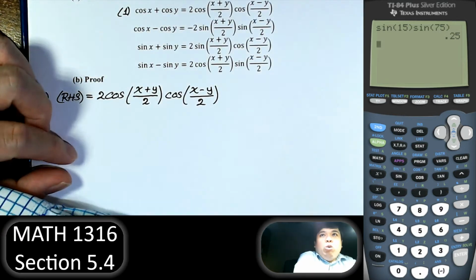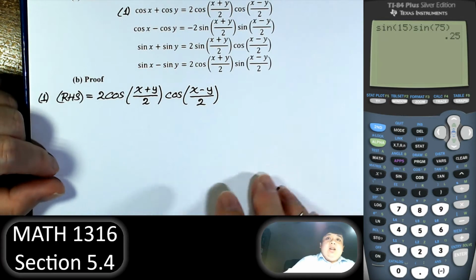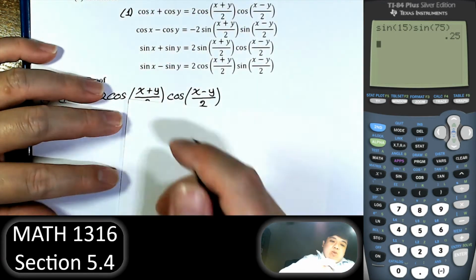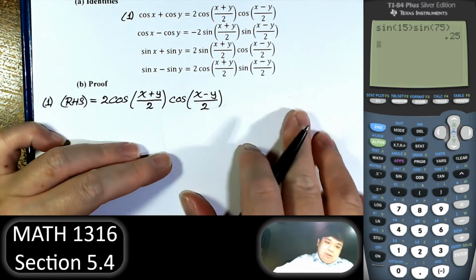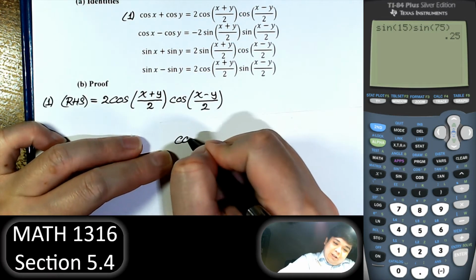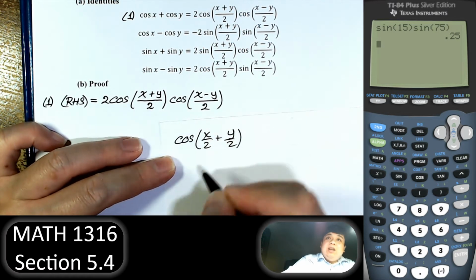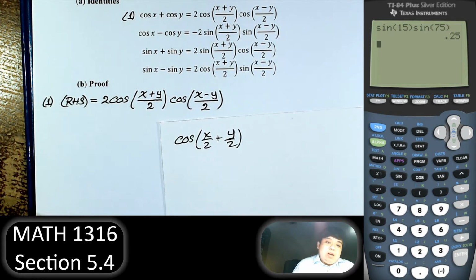Right, so how do we prove something like this? There's only one way to do that. Of course, we can rewrite the cosine x over 2 plus y over 2, and then write that as a sum or product. Yeah, let's try that.